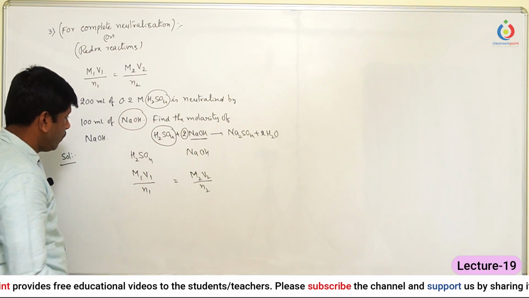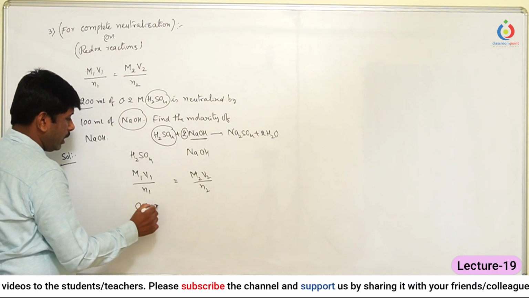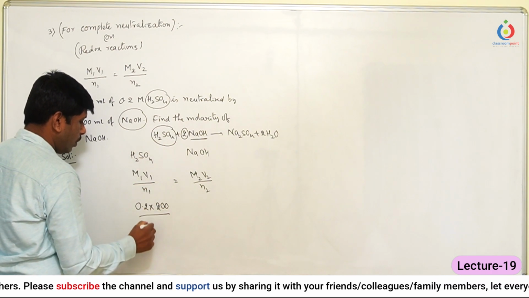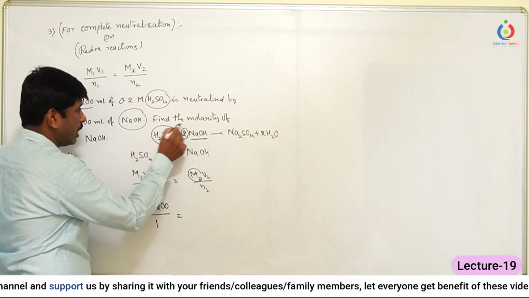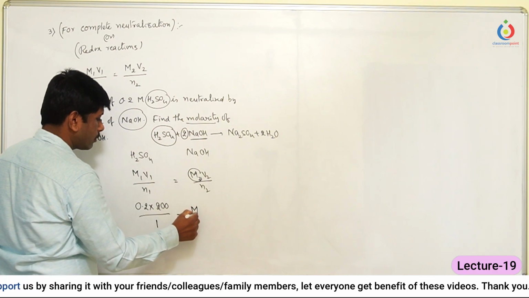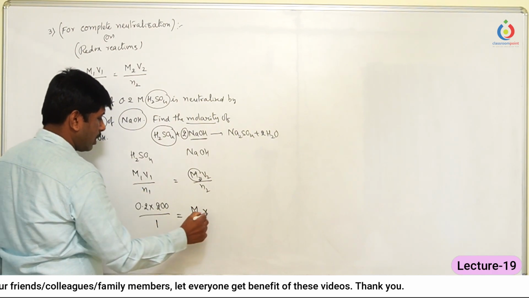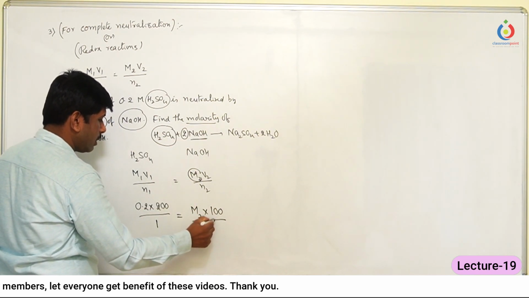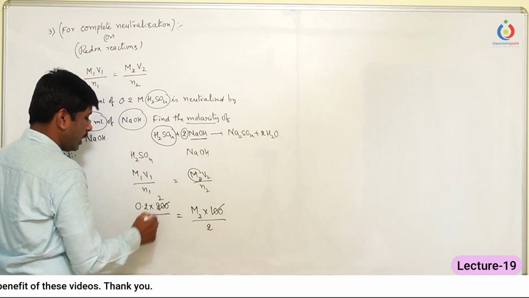Molarity of H2SO4 is 0.2. Its volume is 200 ml. Its number of moles, only 1 mole is involved, so that is 1. Molarity of NaOH is what we have to calculate. Volume of NaOH is given, that is 100 ml. Number of moles of NaOH is given as 2, so it goes here 2 times.